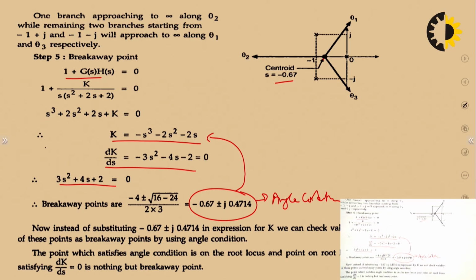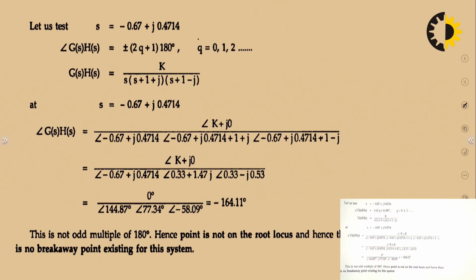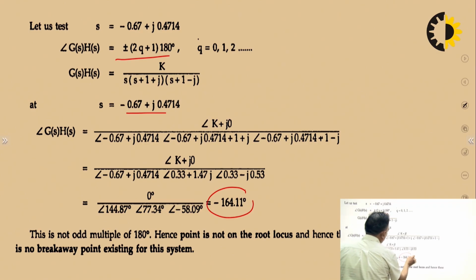We calculate the angle at these points, and if the angle is a multiple of 180 degrees, then it is a valid breakaway point. But here the angle is minus 64.11, so these are not valid breakaway points.